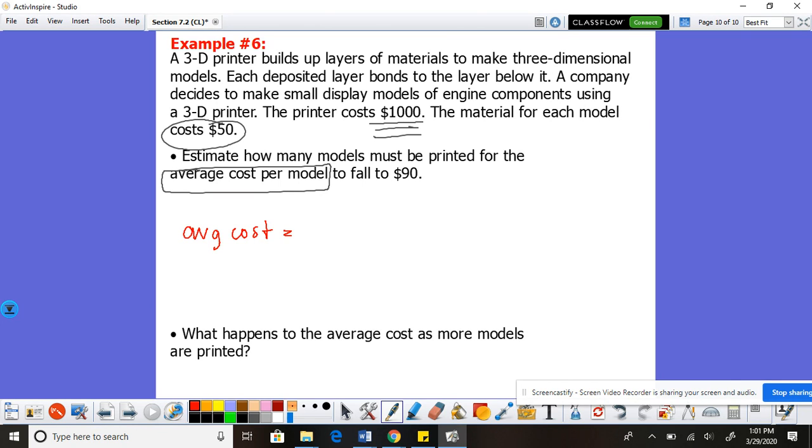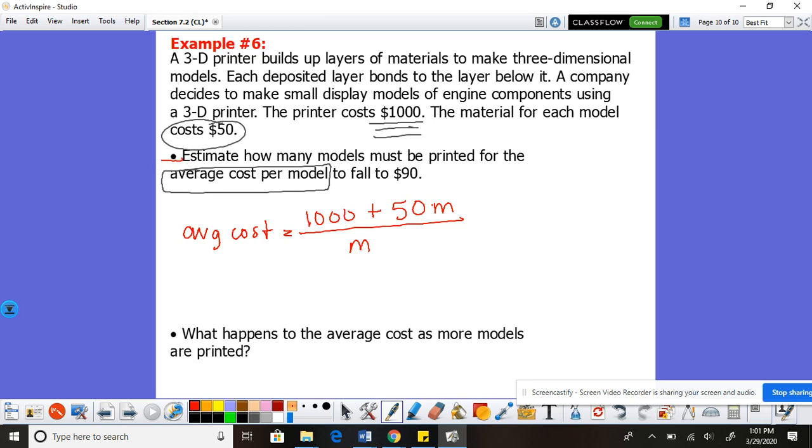So how much is spent? We start with the $1,000 plus it costs $50 for each model sold. So that would be our cost. Now, if we want our average cost, it would be our total cost divided by the number sold. So that's our equation here.